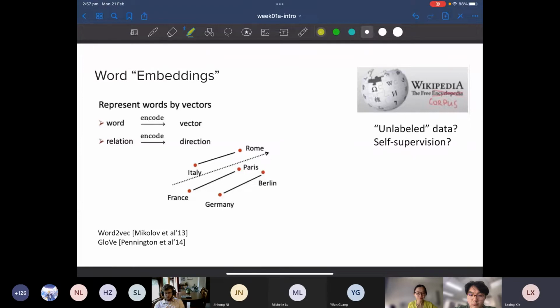And then there is also a grayscale between labeled and unlabeled data. For example, this is an example on word embeddings. I don't know how many of you have heard of it. It's been quite widely used in natural language, speech, and basically anything related to language these days, starting in 2013. It uses a concept that some call self-supervision.